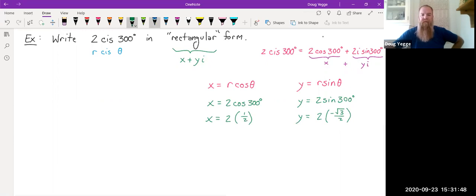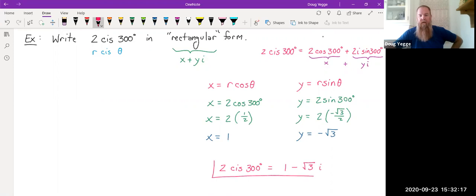So that means that if this quantity gives me x equals 1, and this quantity gives me y equals negative √3, then this point, 2 cis 300 degrees, can actually be rewritten as 1 minus the square root of 3i. And that is my result.